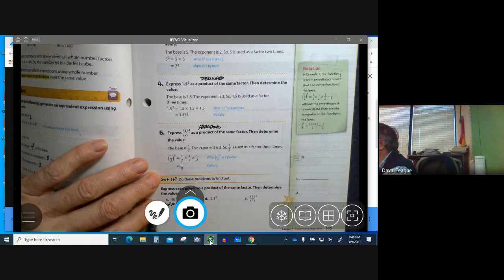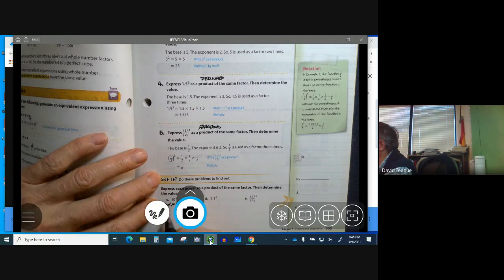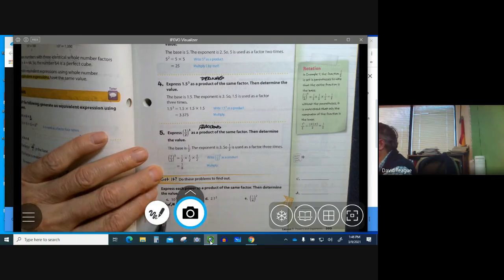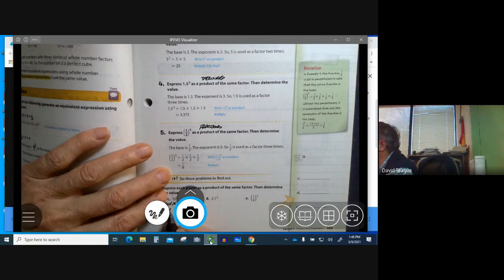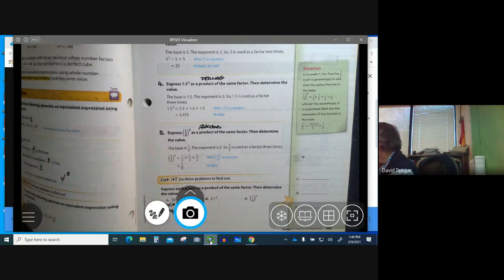But this is all factors of 10, so actually you can just take the 1. How many zeros do you have? You have 1, 2, 3, 4, 5. So that's 100,000. Okay, so your answer for C is 100,000.